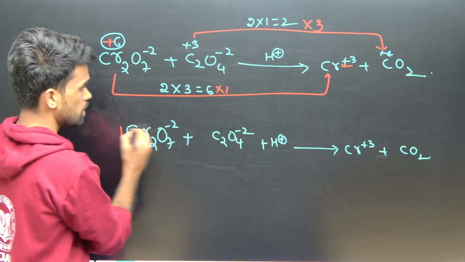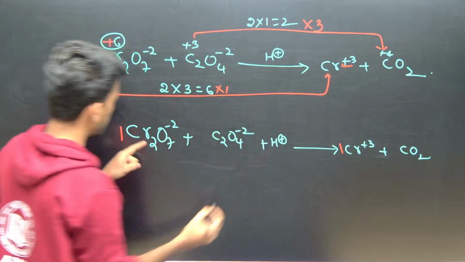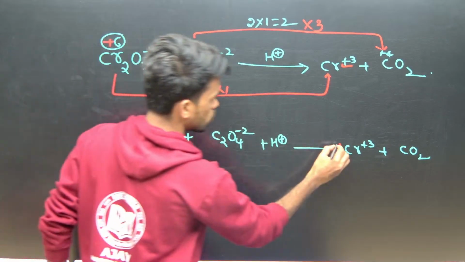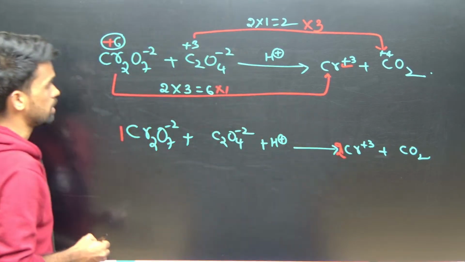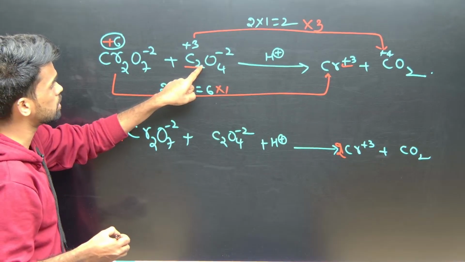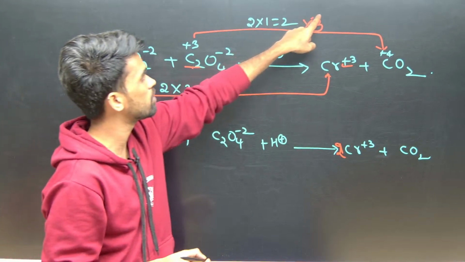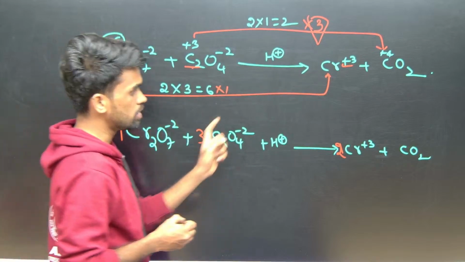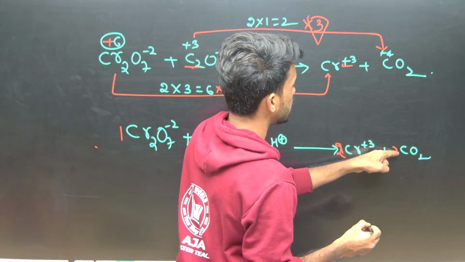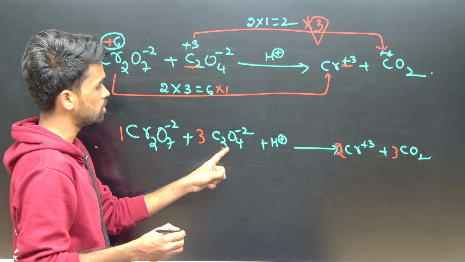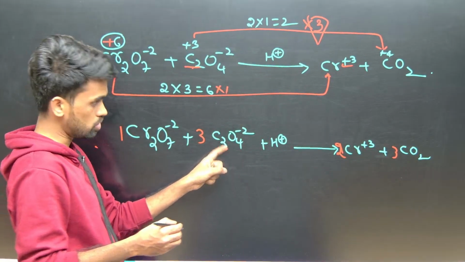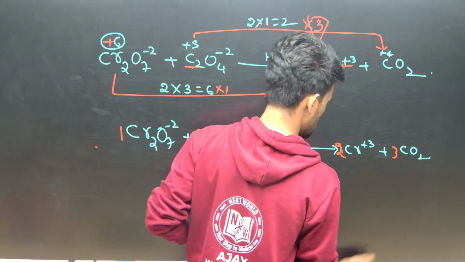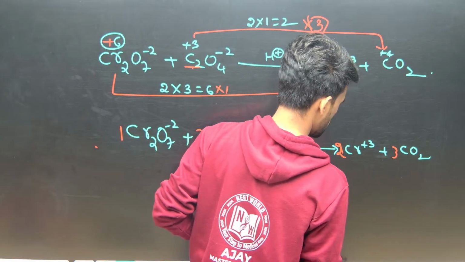Here 1, here also 1, but how many chromiums are there here? 2, so you can take here 2. Now how many carbons are there? 2 carbons, and we are multiplying with 3. So here it becomes 3 C2O4, and 3 multiplied by 2 carbons in one molecule is 6, so you write here 6.